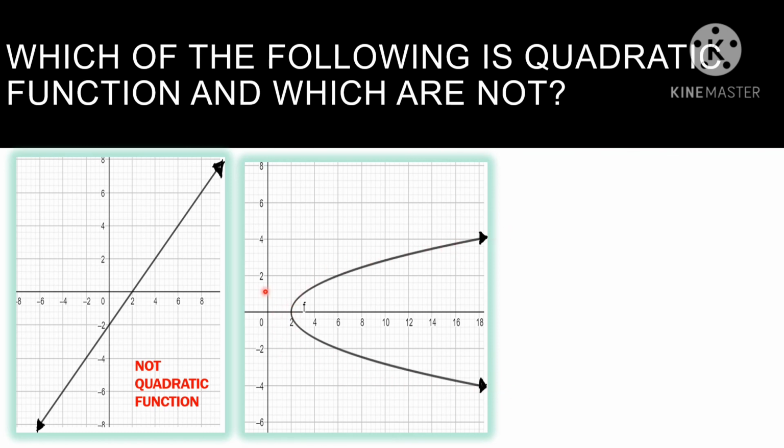Obviously, this is not a quadratic function because as I mentioned a while ago, your parabola opens either up or opens down, not opens to the right or opens to the left. So only two. It's either opens up or opens down. So therefore, this graph is not a quadratic function.